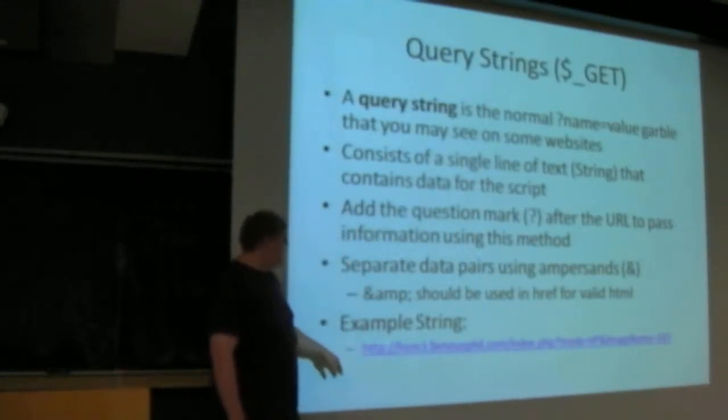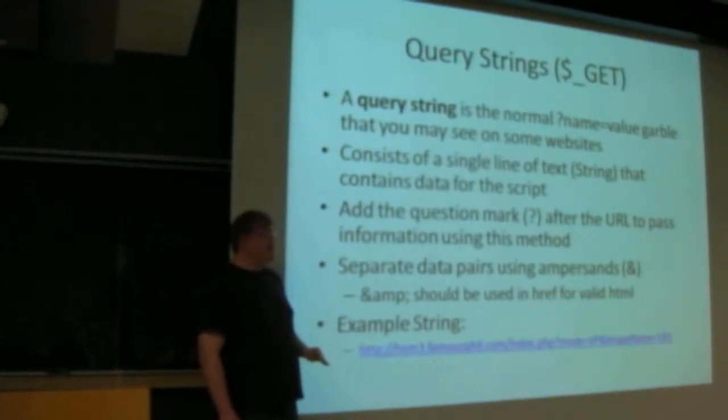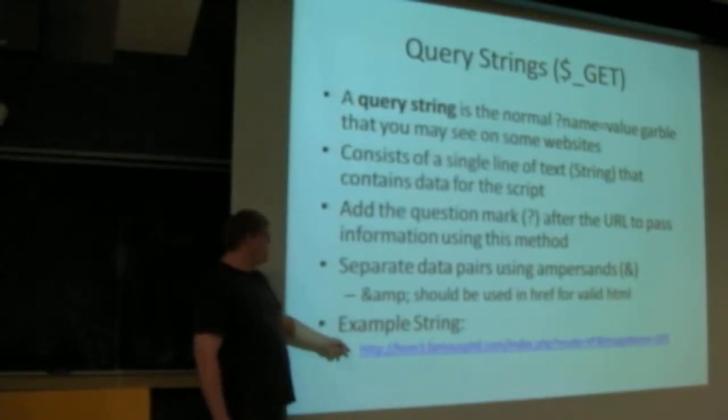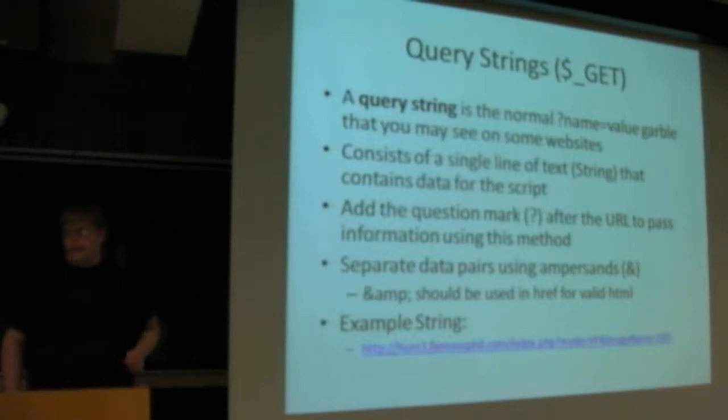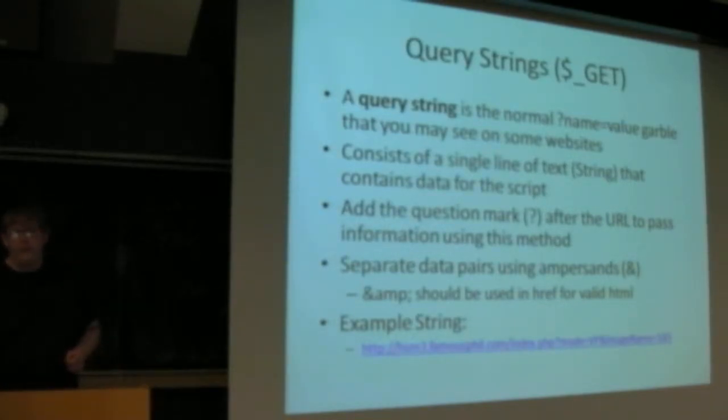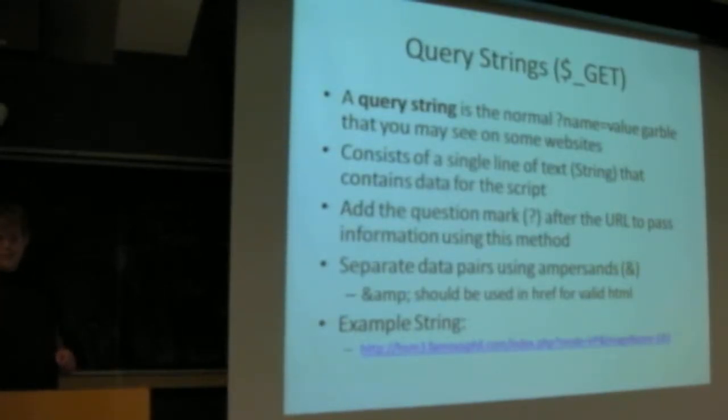But that's how get queries are sent to the server. They just go in with the URL and the server parses them and makes them available through the get super variable or $_GET. It's an associative array. So $_GET mode in this case would be equal to DP. $_GET image name would be 183.